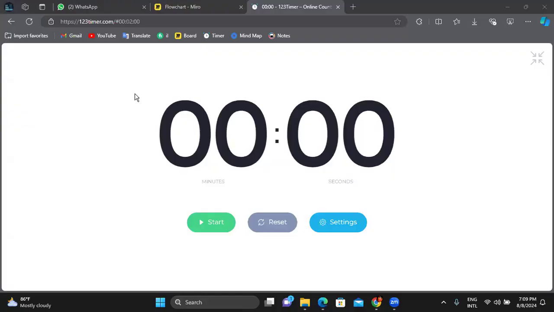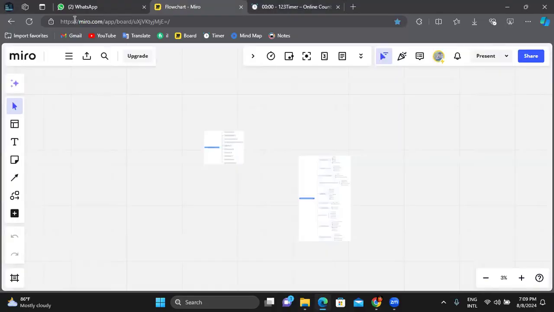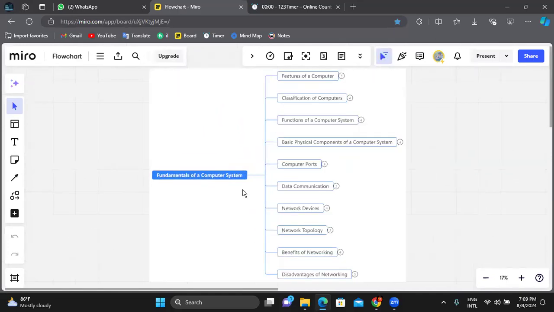After I share the screen, you must pin the camera and look at the screen at the same time. Okay. You guys can see the screen, right?